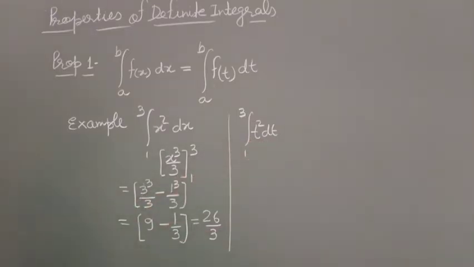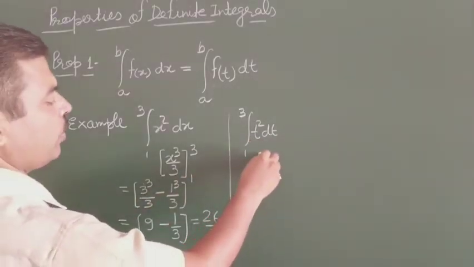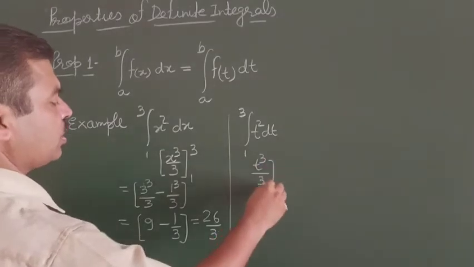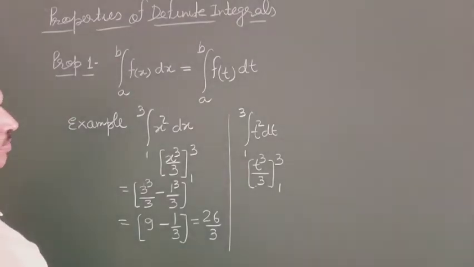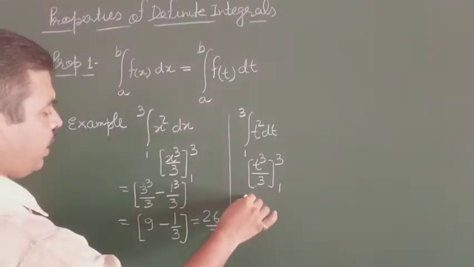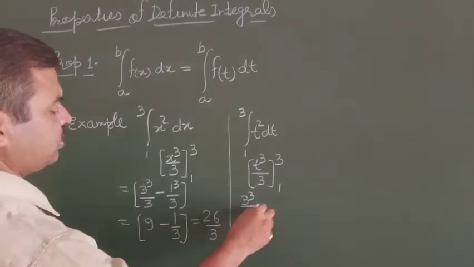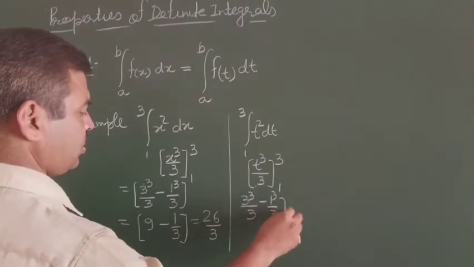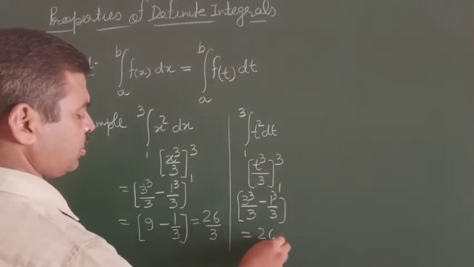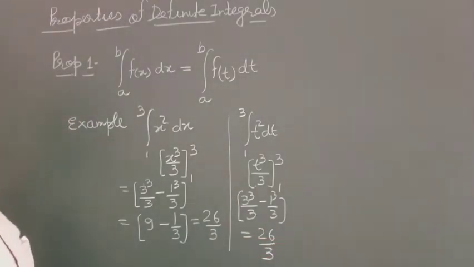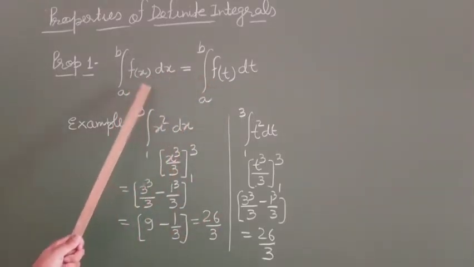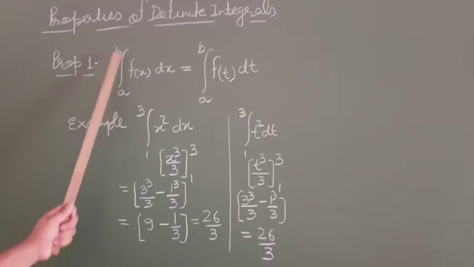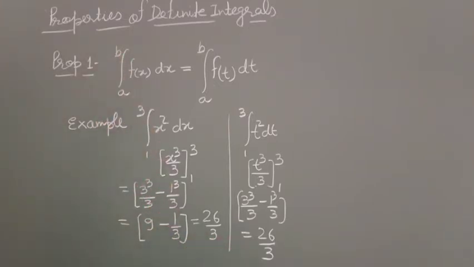Let us find its integral. It is t cube upon 3, and limits are 1 to 3. When we calculate, we get the same answer. Correct? So if we change the variable, then the answer of the definite integral will be the same. Okay, this is the first property.